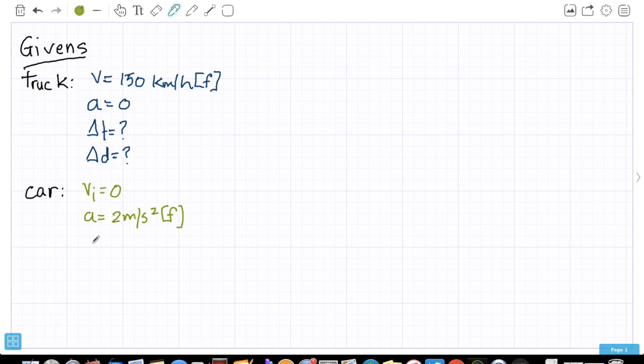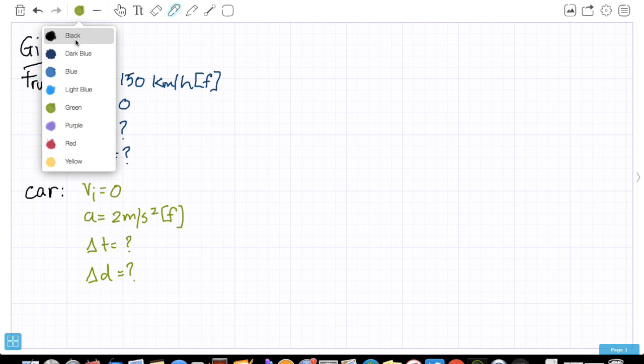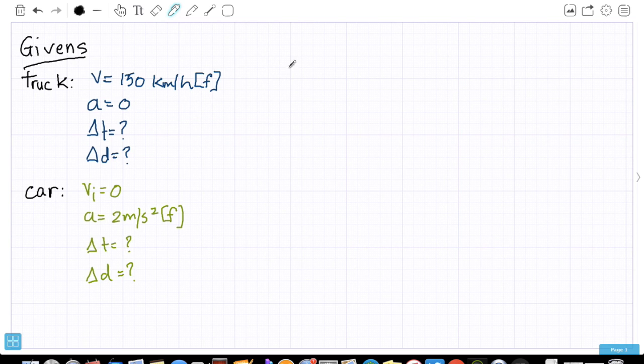And again, let's just write down delta D and delta T. Now, there's a reason why I haven't made these unique. This delta T is actually the same as this delta T, and this delta D is the same as this delta D. And that's important because that's the only way we can actually solve this problem.